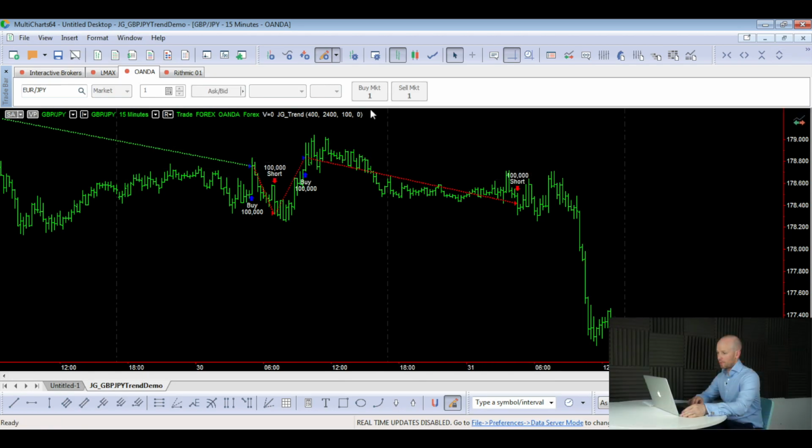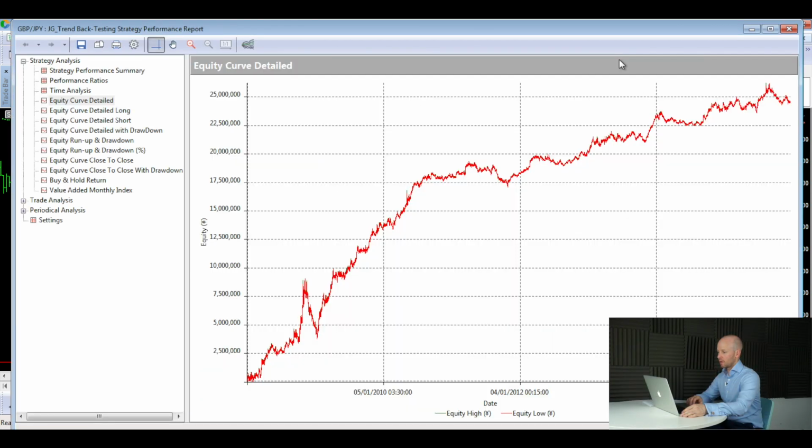And I've already applied this to the chart, and this is the equity curve. Now we can see straight away it's a slightly smoother, slightly better equity curve, just applying that 4 a.m. start time. So between midnight and 4 a.m. we don't trade. Any time after that we can take the trades if they appear.